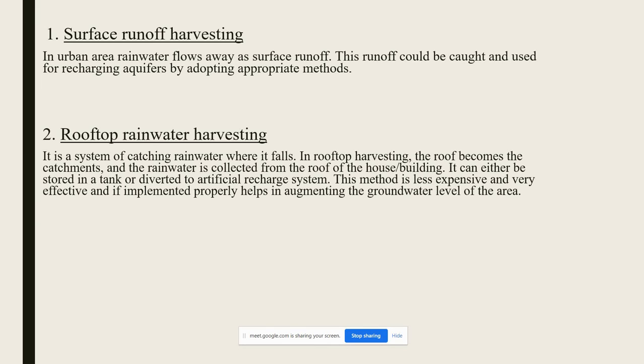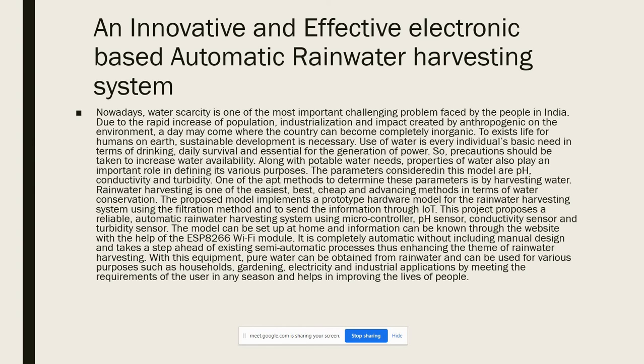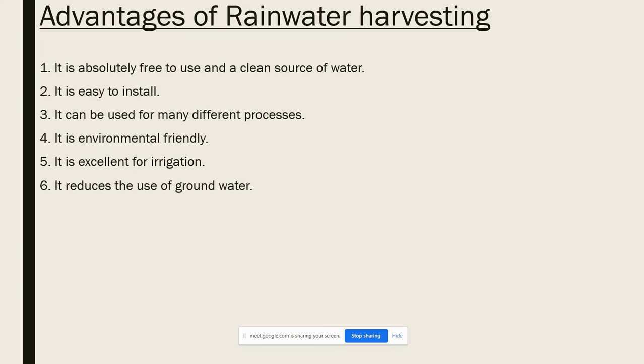This model can be set up at home and information can be known through a website with the help of the ESP8266 Wi-Fi module. It is completely automatic without manual design and takes a step ahead of existing semi-automatic processes, thus enhancing the rainwater.